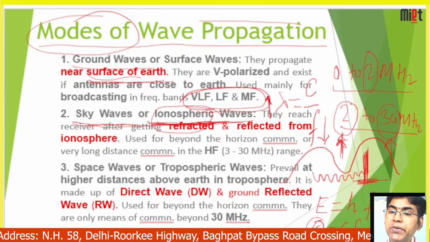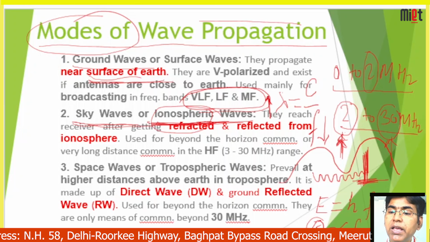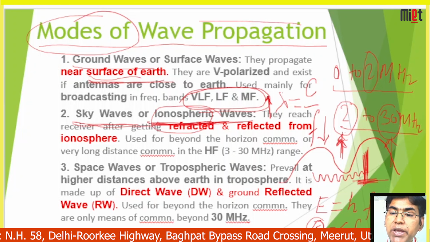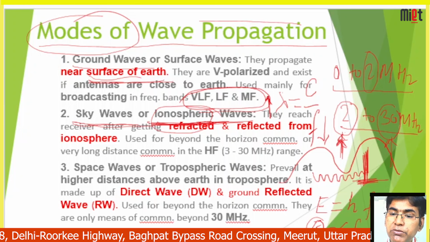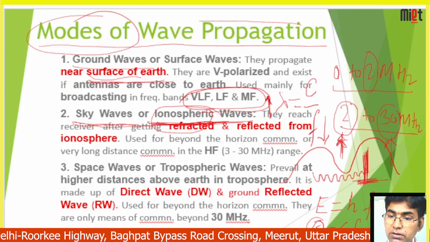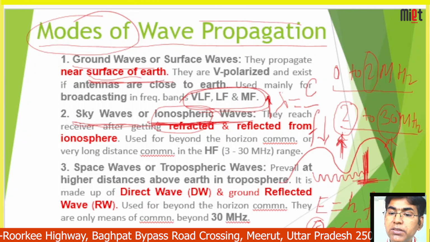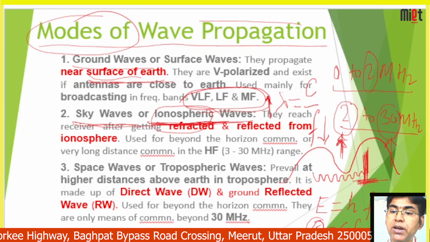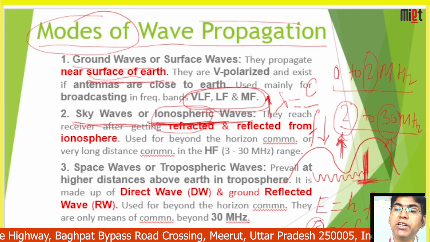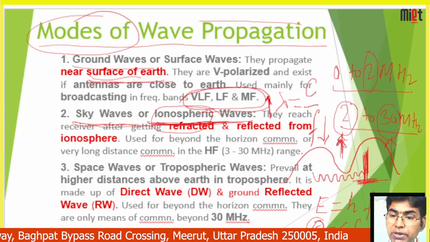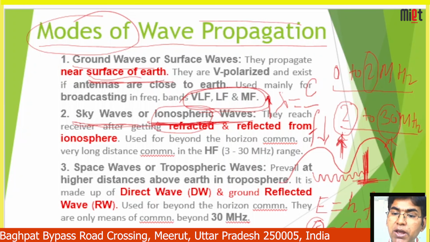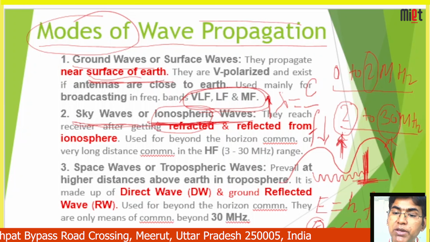For 0 to 2 megahertz frequency, we use ground wave propagation. In ground wave propagation, the electromagnetic wave glides over the surface of the earth. Means the electromagnetic wave just travels over the surface of the earth. And since it is traveling on the surface of the earth, if there is a high-rise building on the way, that building may block the propagation of the wave.